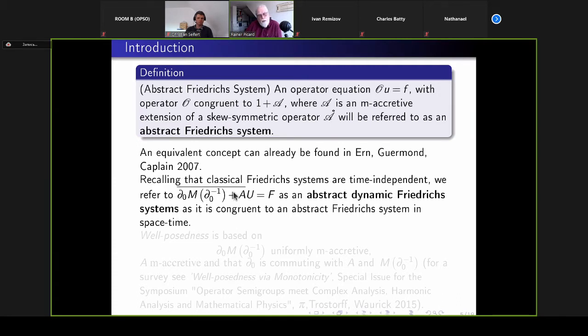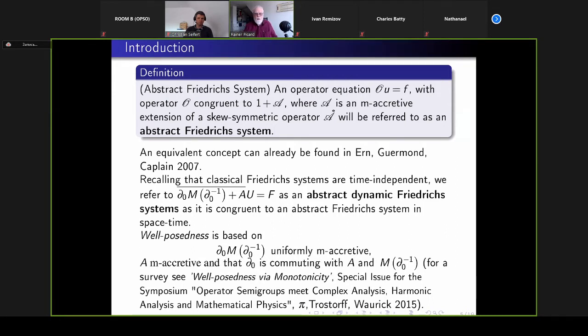This is a proper way for implementing forward causal time evolution problems. But as I just indicated a minute ago, this here is actually an abstract Friedrichs system, but in space-time, which is something that is beyond the original idea by Friedrichs. And that's the kind of problem we want to address.